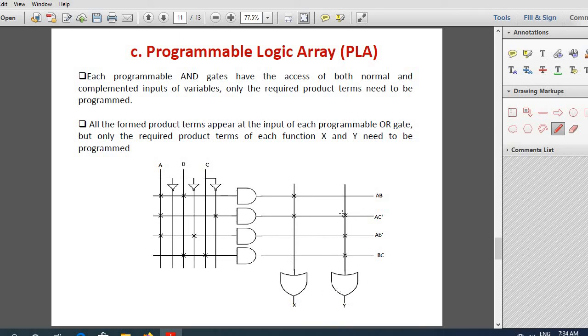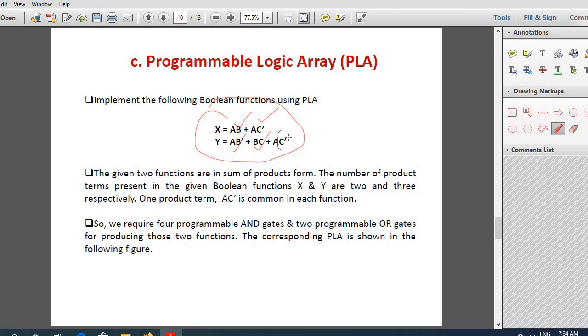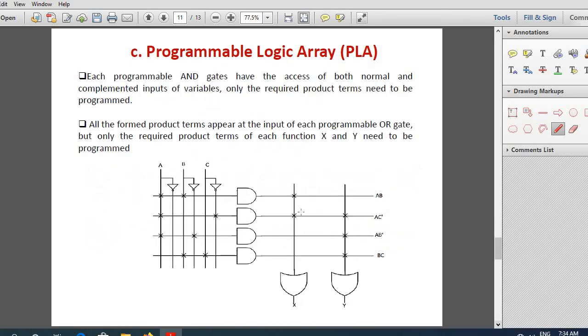For this also, whichever you need, you can keep intact and blow the others off. So in functions where you need to share a term, you always have to go for PLA. Why? Because otherwise, if AC complement was fixed to this one, it cannot be used by the second term, right? So you have to go for PLA.